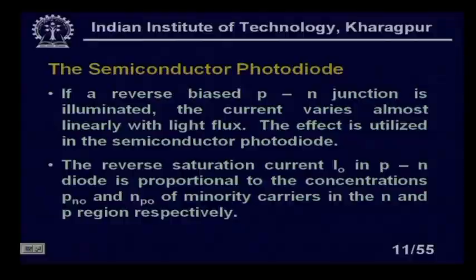In N type semiconductor, electron is the majority carrier and the hole is the minority carrier. So, if it is reverse biased, the reverse saturation current IO in a PN diode is proportional to the concentrations PNO and NPO of minority carriers in the N and P type regions. PNO is the minority carriers in the N type region, and NPO is the electron, which is the minority carriers in the P region respectively.